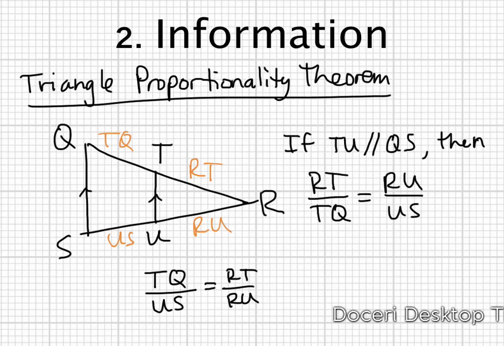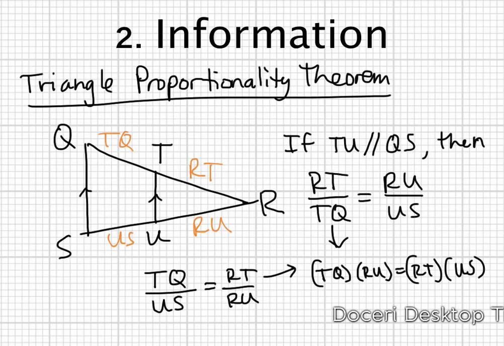So if I cross multiply these, I get TQ times RU equal to RT times US. It works for both of them, which means that these two proportions are true. Okay? So this is the triangle proportionality theorem.